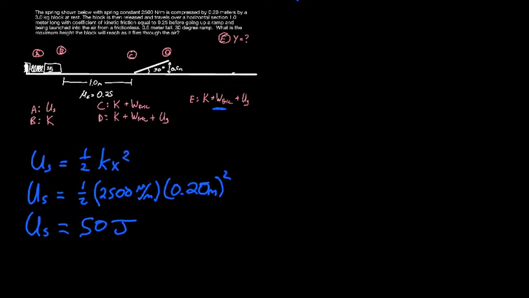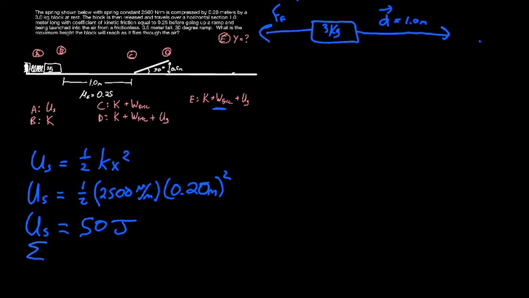Now work is going to be equal to the force times the distance times the cosine of the angle between those. I think it's useful at this point to make a sketch of what's going on there, both for the force and for the displacement vector. And before we move on, let me just add here that US, the spring energy, I'm later going to refer to as the total energy for this system, 50 joules.